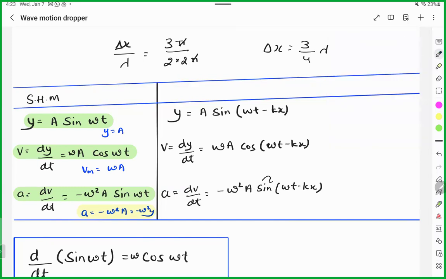Can we say this A sine part is Y, so acceleration is also equal to minus omega square Y. Tell me, isn't it exactly the same as SHM? It is SHM again.